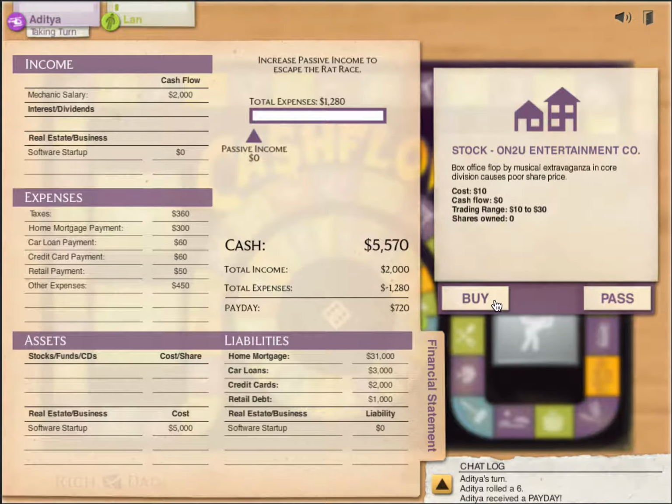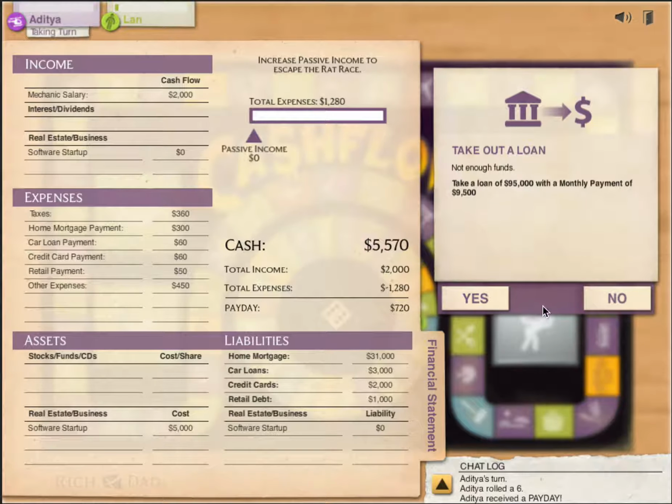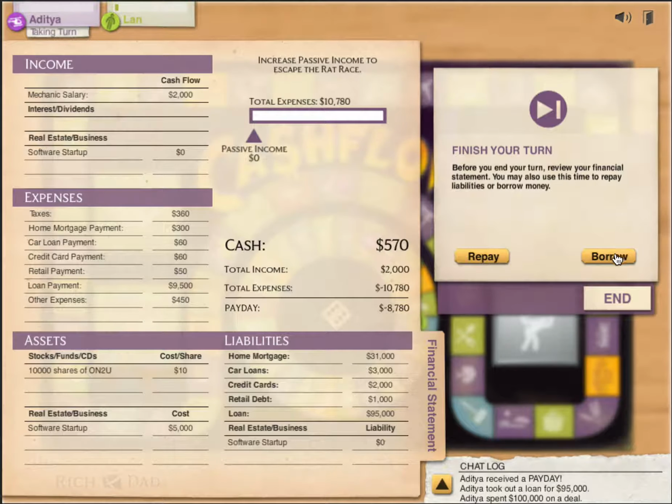Now this is on the lower end of the range, so we'll go ahead and buy it, and we're actually going to overspend because the bank gives us lots of credit in this game to buy whatever we want. We're going to spend $100,000 to buy 10,000 shares, and that's going to make our cash flow go negative.